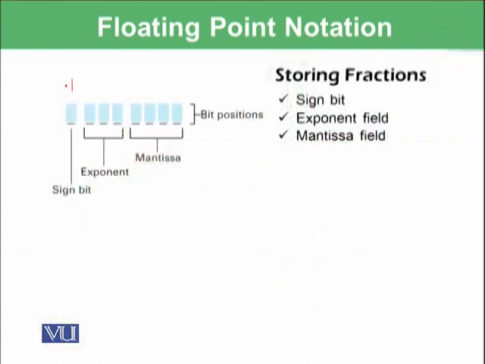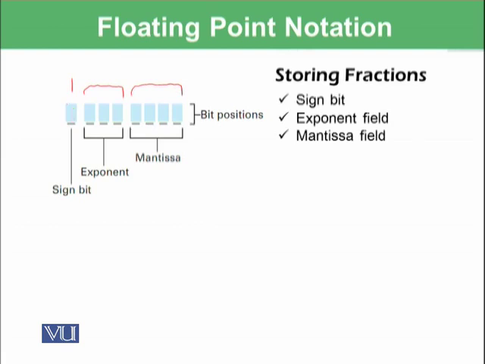So if we demonstrate, there are 8 bits we have. 1 bit is given to the sign bit, 3 bits are given to the exponent field, and there is a mantissa field that is 4 bits in our example. The sign bit tells us that if there is a 0 stored in the sign bit, it means that the number is positive.